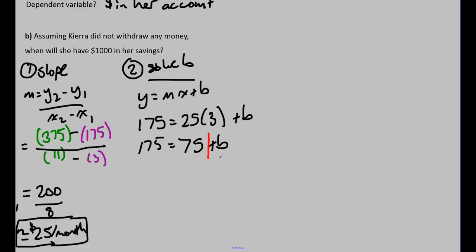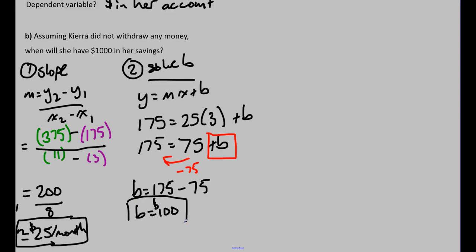And I want to solve for b. So I'm going to bring this over and subtract 75 on both sides. So b would be 175 minus 75. And b equals 100. Wow, Kira's parents are super nice. So that means that Kira's parents put in $100 right after opening it, which is wonderful. I wish my parents did stuff like that when I was growing up.